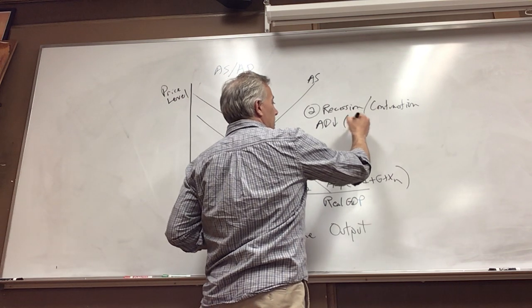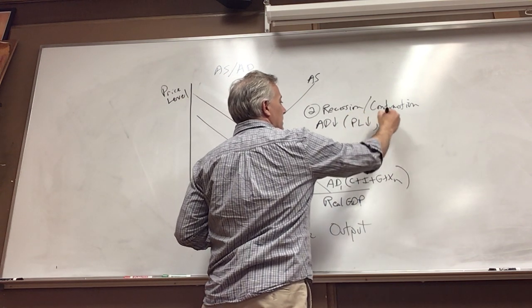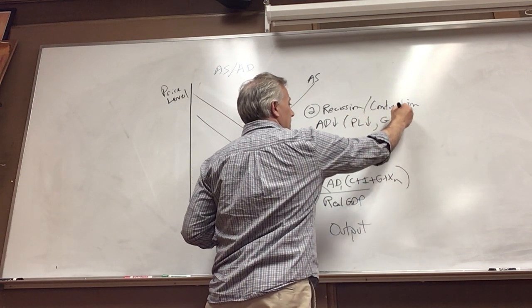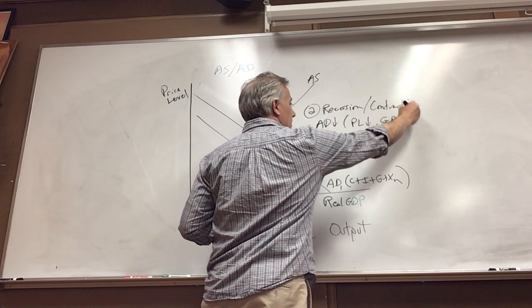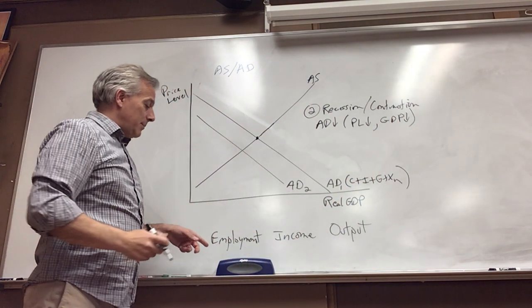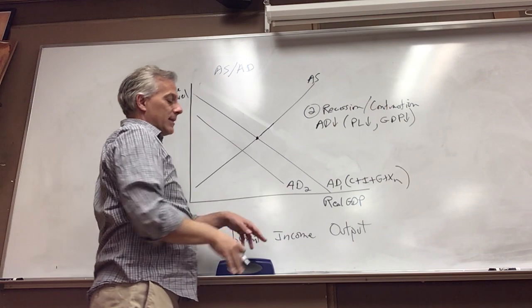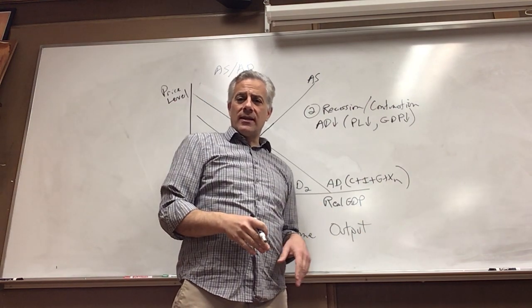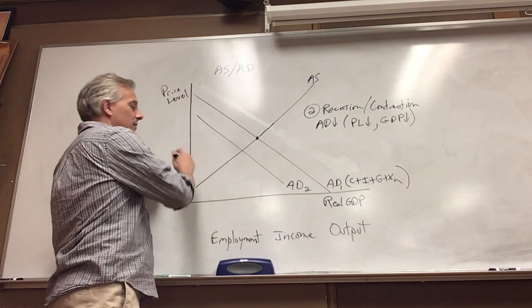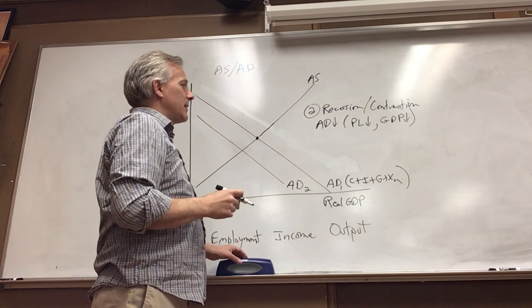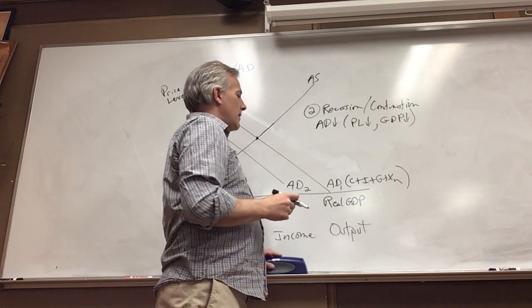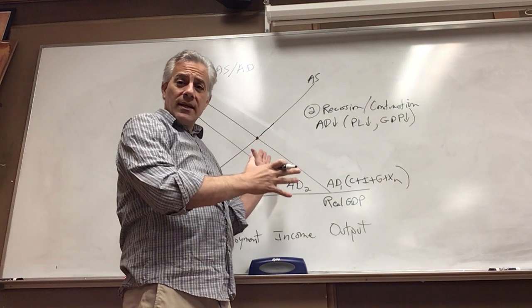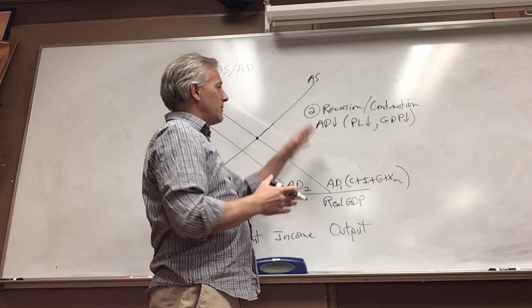And that leads to a lower price level and a decrease in GDP. The decrease in GDP means lower employment, lower income, lower total output. There's also the lower price level. All right? You know one, you know the other. Okay, just make sure you know your 2 names.